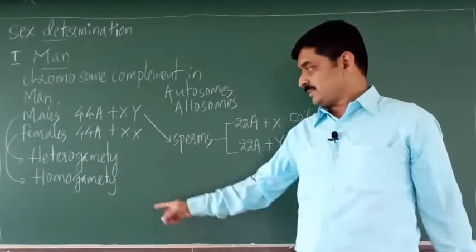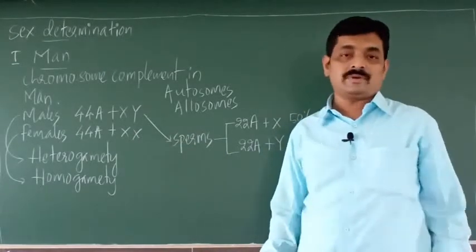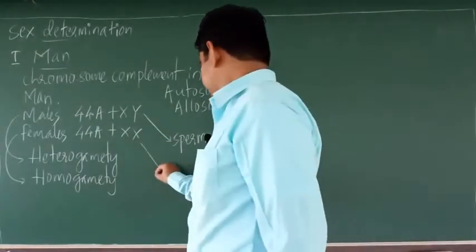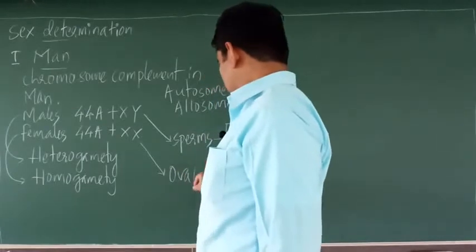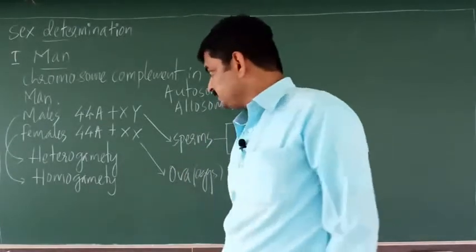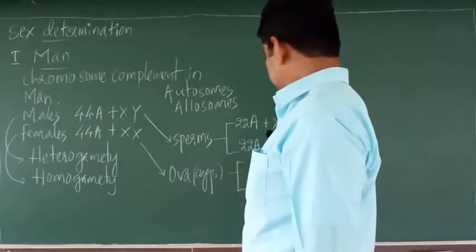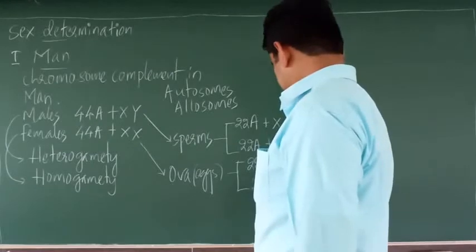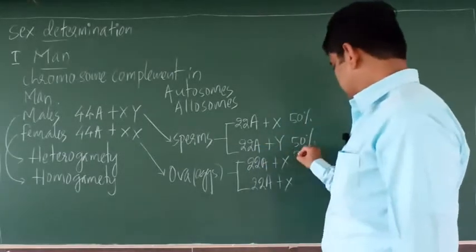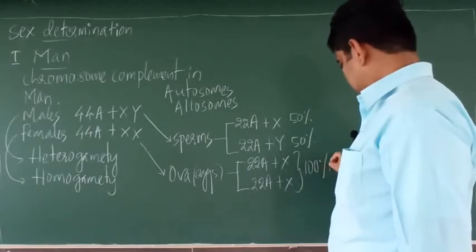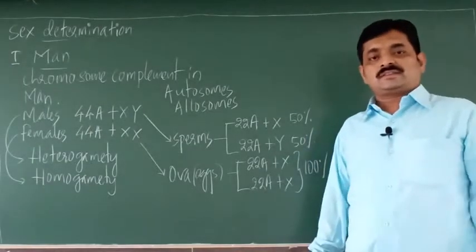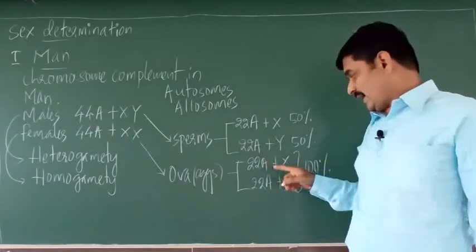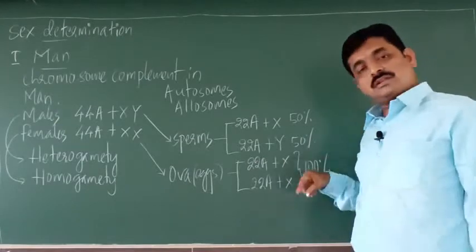Then human females exhibit homogamety, that is called female homogamety. They produce only one type of eggs. All eggs or ova produced by human females always have an X chromosome.